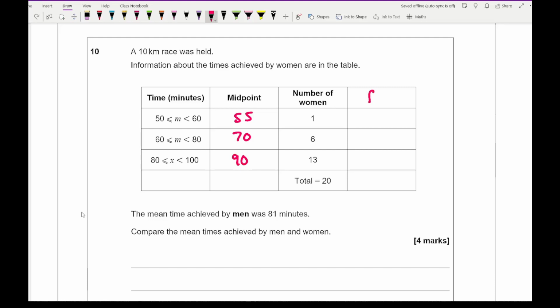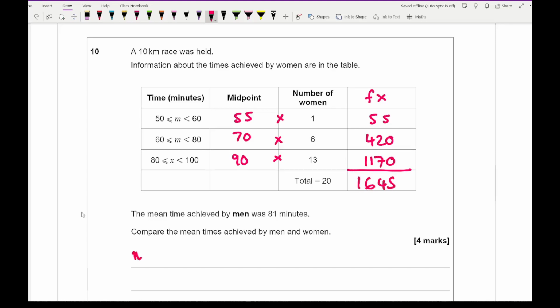We then need to work out the fx value. So we do that by multiplying the midpoint by the frequency. So it's going to be 55 times 7, and 70 times 6, which is 420, and 90 times 13 is 1170. Now if I add all of those fx values up, I get an answer of 1645.